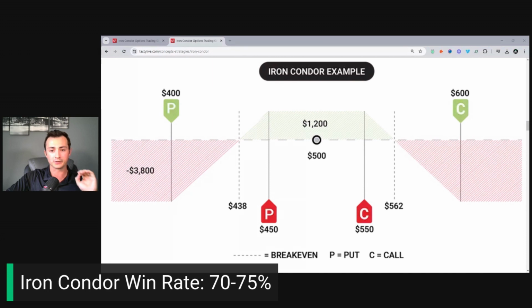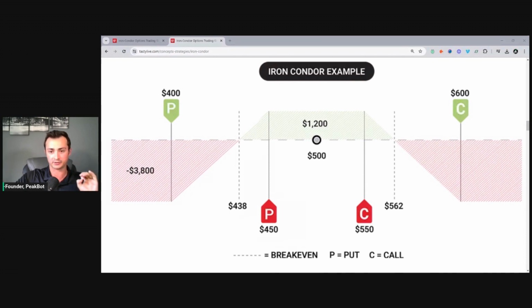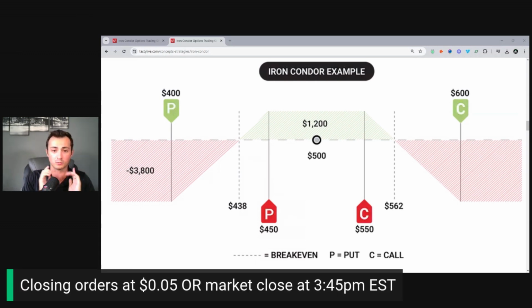Now, another modification that we make to this Iron Condor strategy to increase our win rate a little bit more is how we close these out. Again, we're selling 1 DTE. So if I enter a position today, after the market closes, I'm going to set up closing orders for both legs of my Iron Condor. When you sell your Iron Condor, you're selling a put credit spread and a call credit spread.